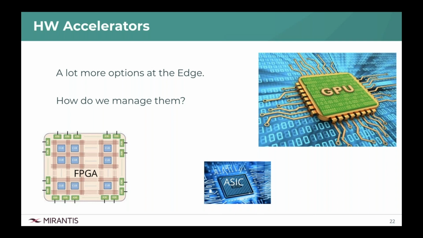So these are viewed as hardware accelerators in the application development world. The reason they're seen as accelerators and not another architecture for multi-arch builds is because they're treated more like peripherals from an application perspective.